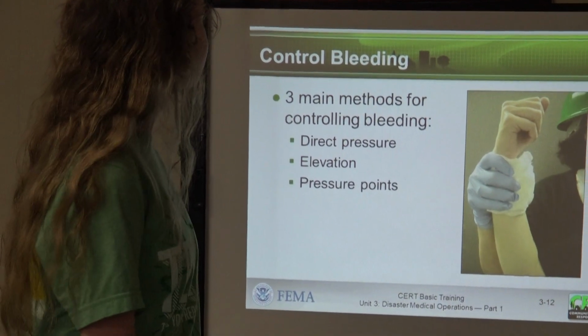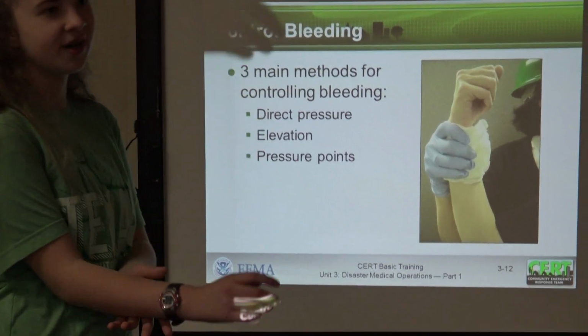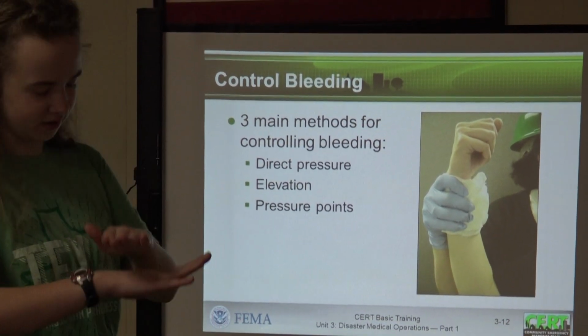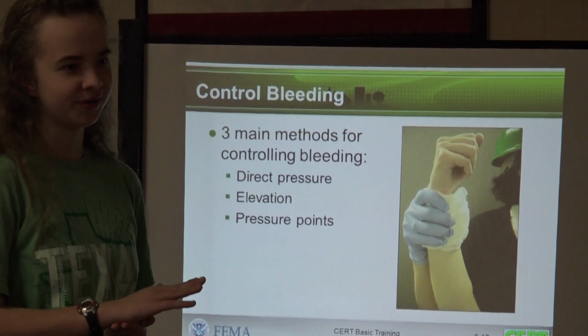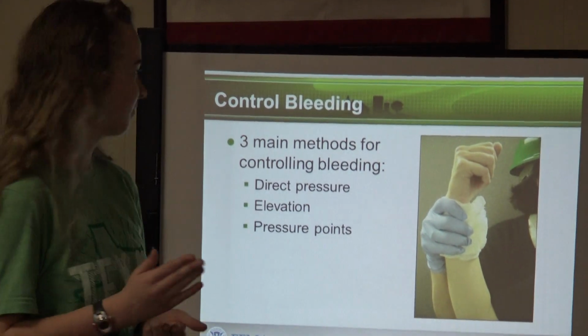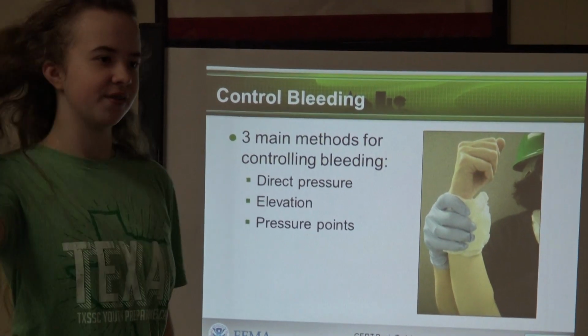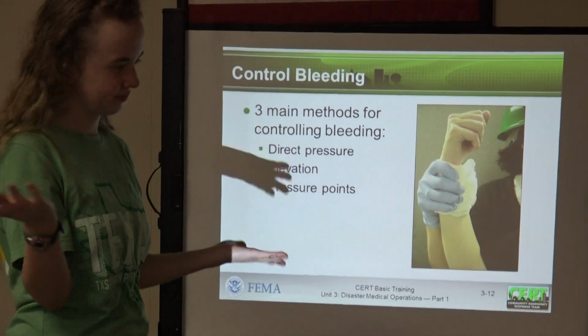And then there's 3 methods for controlling the bleeding. Direct pressure, it's best for capillary. You press exactly on it, like when you hold a paper cut to make it stop bleeding. Elevation, like shown in the picture here, you lift it up so that way it's harder for the blood to get up there to make it bleed.